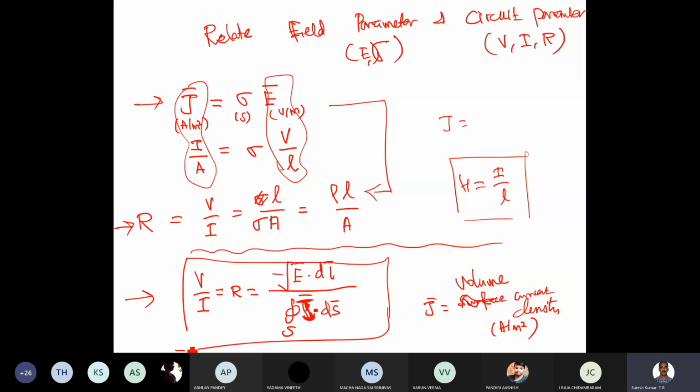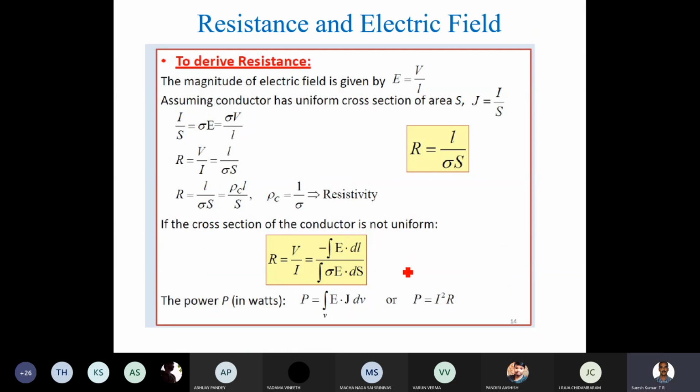Any doubts? You only need to memorize this equation directly. You can write it in the exam because it is a basic relationship; you just need to recall and write it. What I wrote earlier: R equals V over I. V is E vector dot dl vector, and I is J vector dot ds.